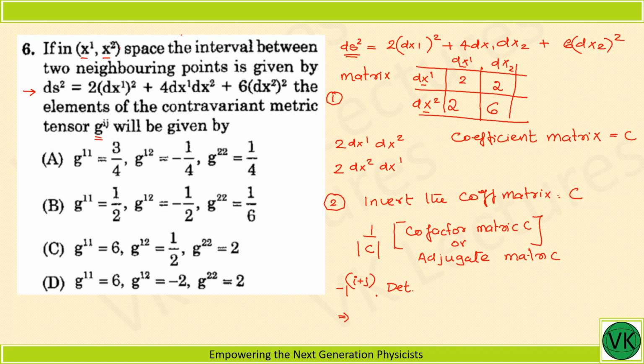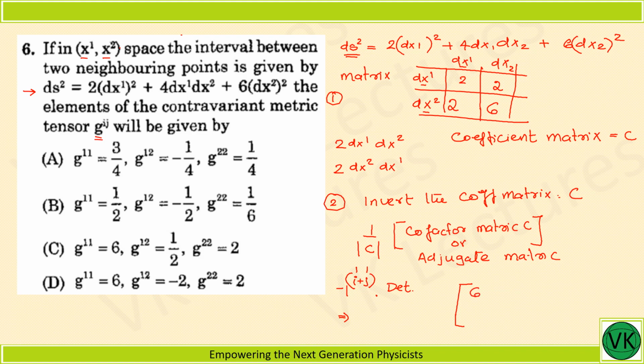For the first row and first column, that row and column get removed and 6 remains, so minus 1 to the power 2, which is 1, so positive 6.